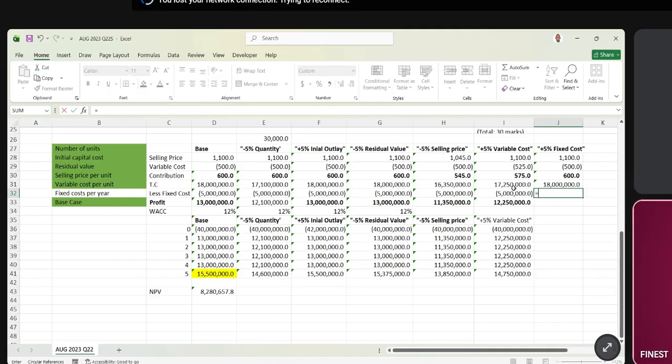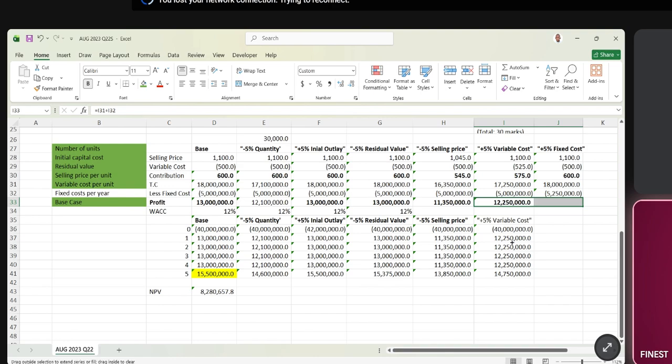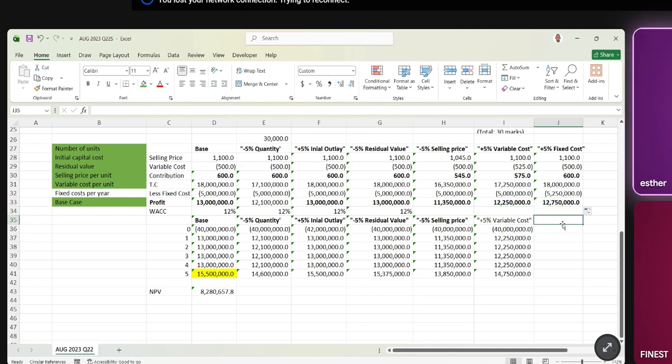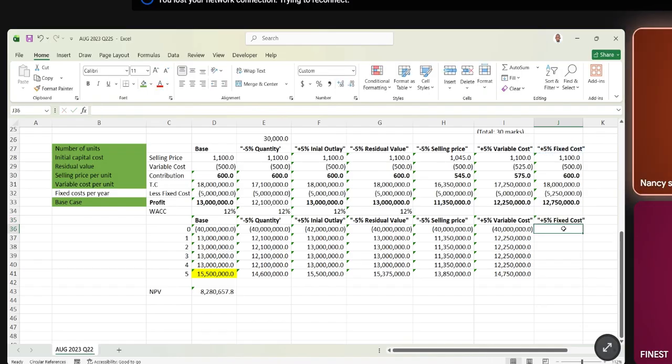So I pick this, I multiply with 1.05, like that. Then now I drag that across. So I bring this down here, like that. This one will remain the same.